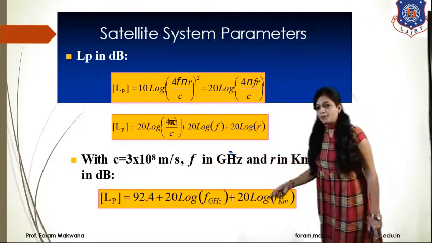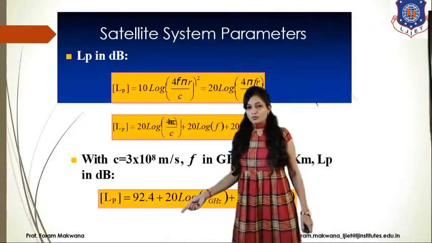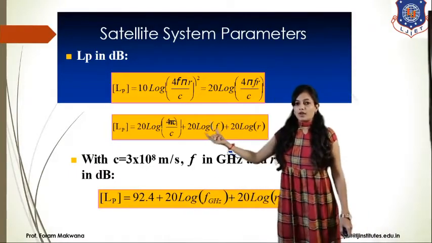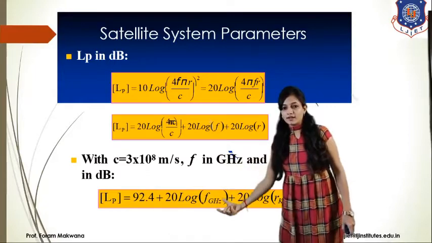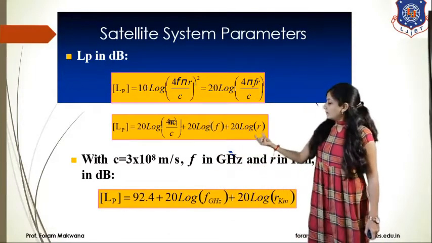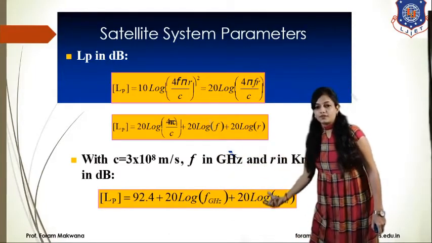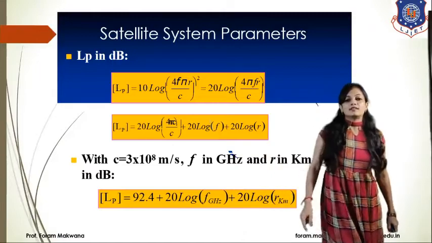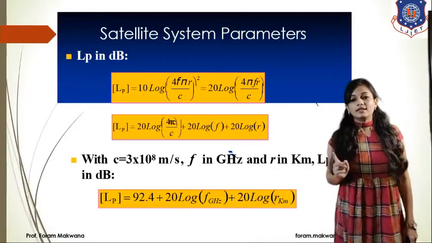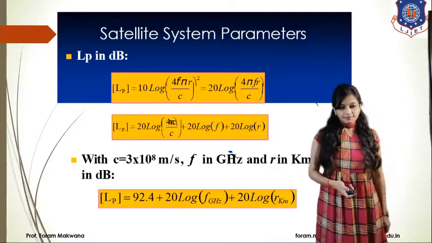So I can say that my path loss is 92.4 plus 20 log f, where frequency is in gigahertz, plus 20 log r. What is r? R is a distance, it is always in kilometer.